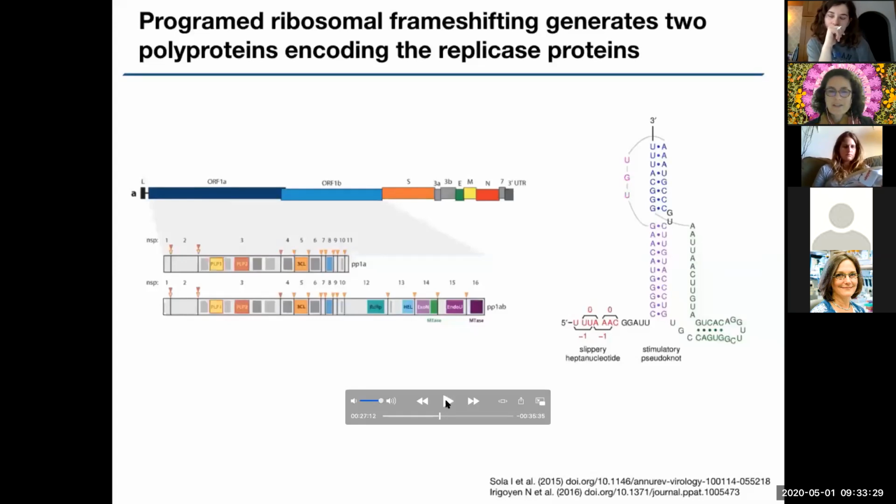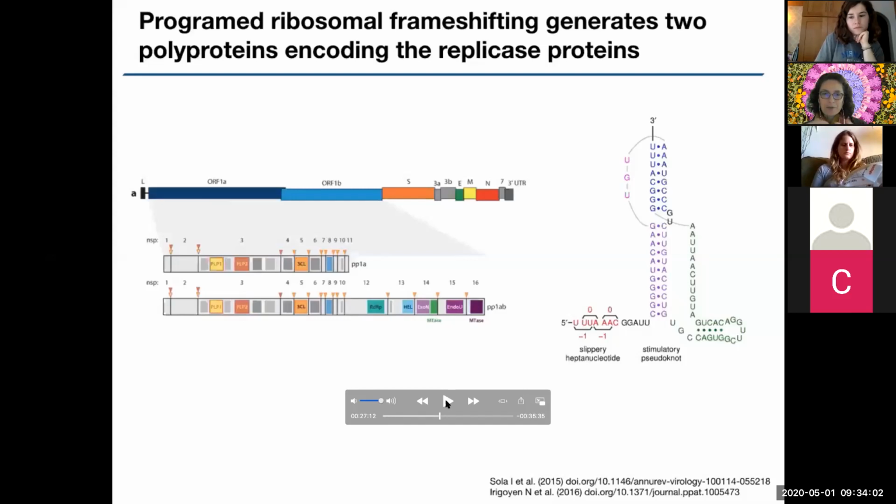So I'll just make an aside here. This is one of the things I love about biology. This is a stochastic process. It's not binary. It's not like there's some on-off switch that says you're going to pause at this stop codon X% of the time, and Y% of the time you're always going to read through this stop codon, through this slippery heptanucleotide.